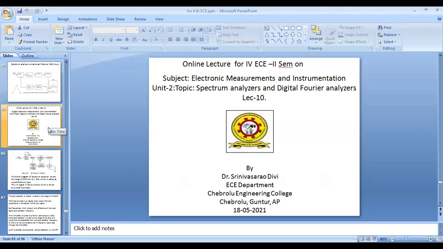The basic types of spectrum analyzers we have discussed are the spectrum analyzer based on the parallel filter bank analyzer, and the spectrum analyzers in the audio frequency range.